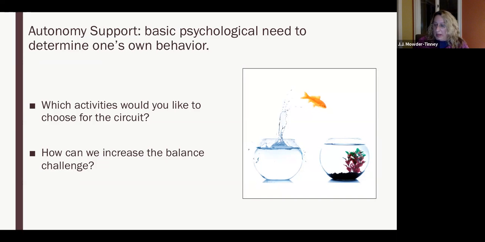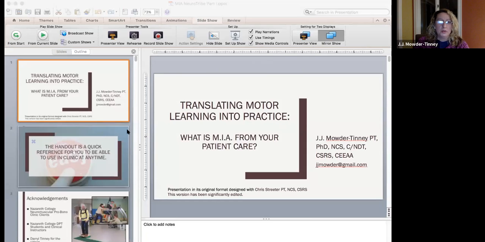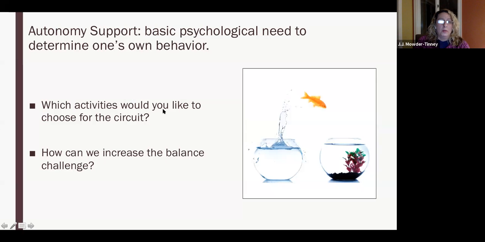But what I like to do is list out 6 or 7 activities of a circuit. And then when there's 10 minutes left in a session, I'll say, okay, we have enough time to do a three station circuit. What 3 stations do you want to do out of the 7? They always choose the bike, which is my least favorite one, or the new step. Not that I don't like it, but it's much simpler to me.